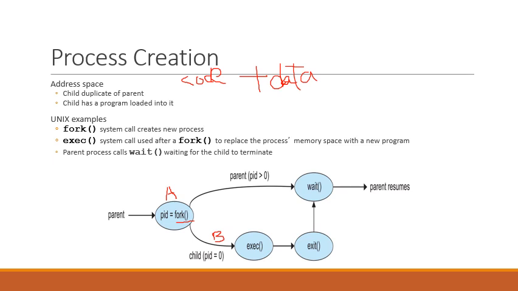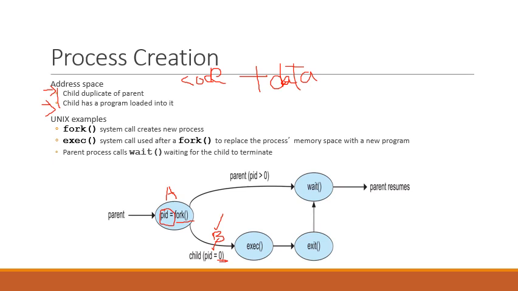Likewise, in the child process, the fork system call returns a value 0. So in the child process, this PID is going to have value 0. Whereas in the parent process, the value of the PID will be the PID value of process B. Now, after this process B has been created, from the address space point of view, there are two options as we have discussed: either the child is a duplicate of the parent process or the child has a program loaded onto it.